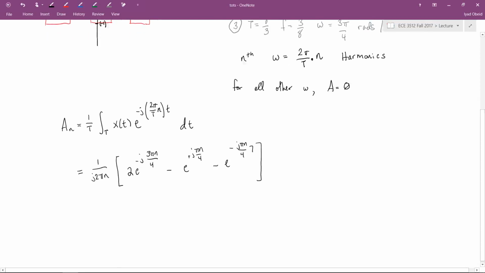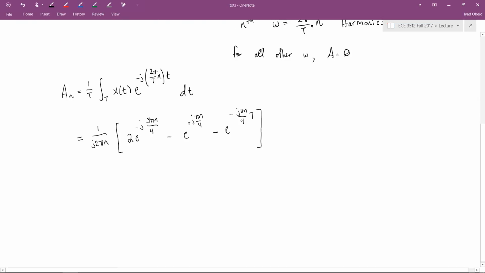Okay, so with that formula in mind, let's look at the harmonics. So we know that the first harmonic corresponds to n equals 1. And the frequency of that first harmonic, in this particular case, is pi over 4 rads per second. That's only because the period of our square wave is 8 seconds.